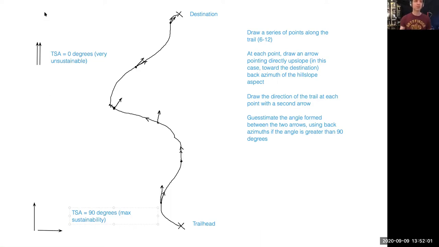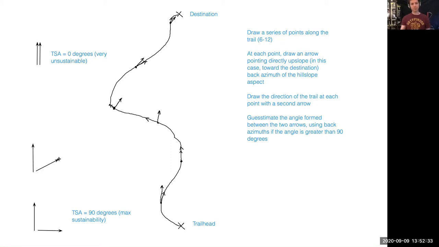And so that gives us a very important question: how close can we tilt the trail to run up towards the destination? How close can we get away with before it gets super erosive? And it turns out, with a whole bunch of measurements that we did back in the 90s and 2000s in field research, that cutoff is about 75 degrees off of vertical.